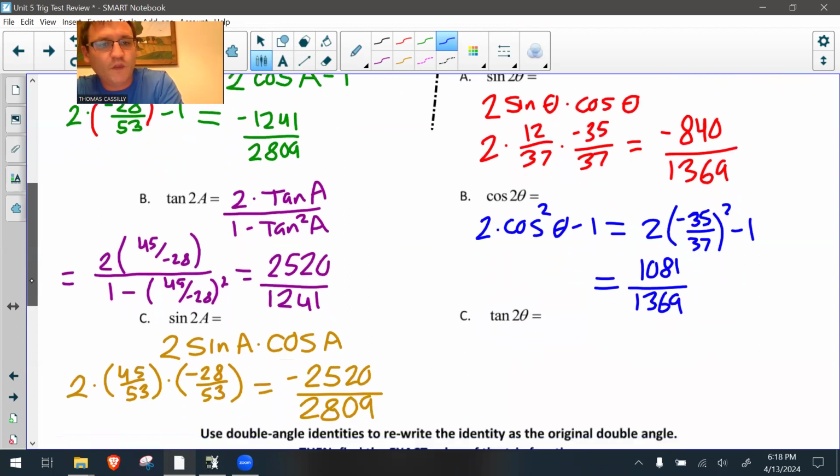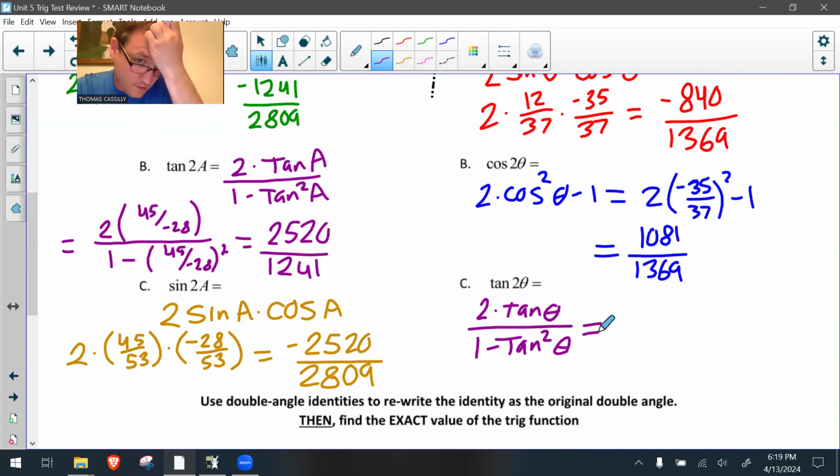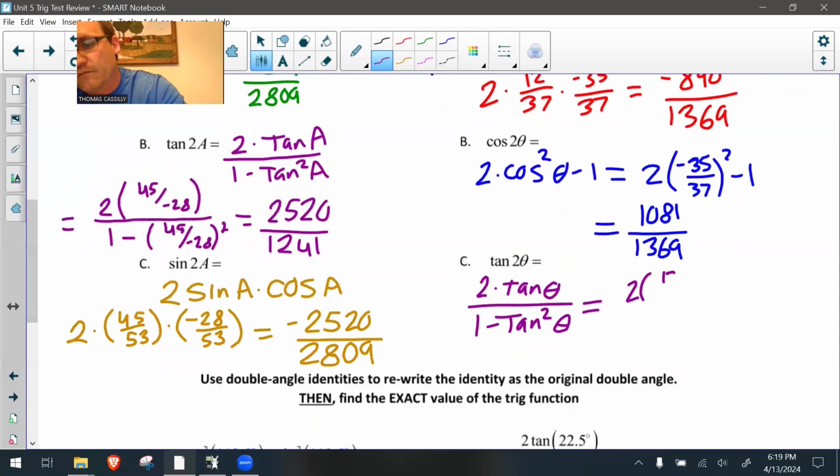Then the last one, we have 2 times the tangent of theta all over 1 minus the tangent squared of theta. All right. What does that give us? 2 times, I don't know the ratio, I forgot. So let's go look for it. 12 over negative 35, all over 1 minus 12 negative 35ths squared. Right.